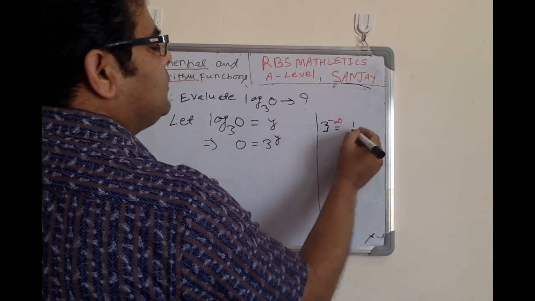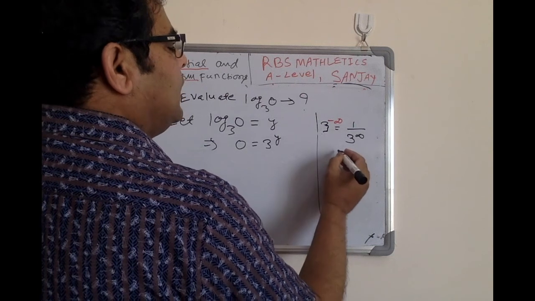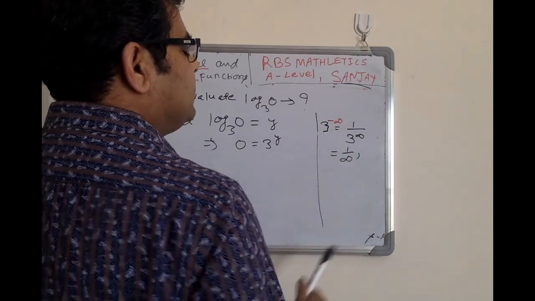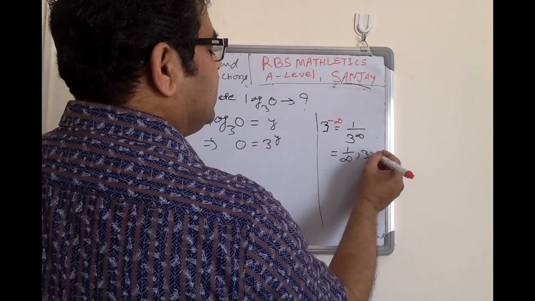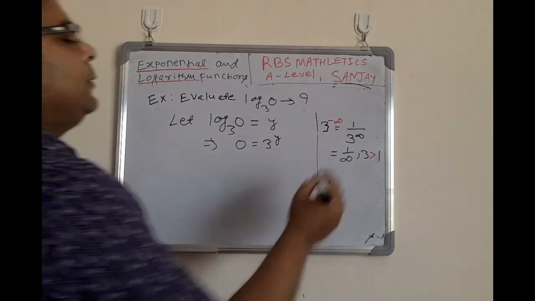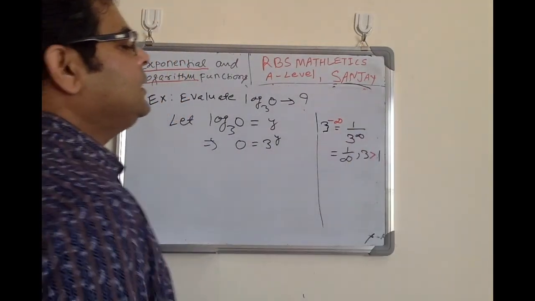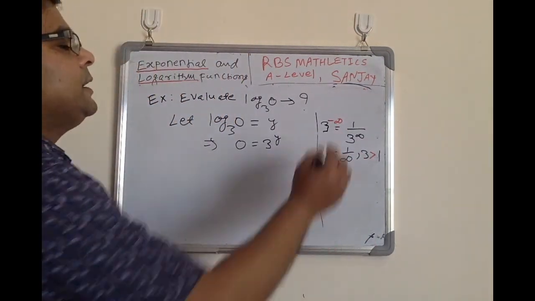So here 1 by 3 to the power infinity, and this is going to be 1 by infinity, since 3 is greater than 1, and therefore raising the power of 3 will make it bigger and bigger. If the power is infinitely large, it tends to infinity.